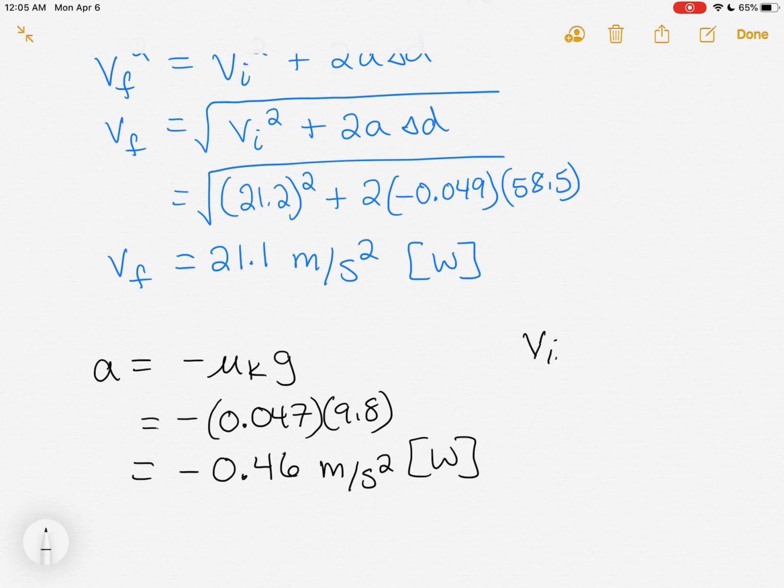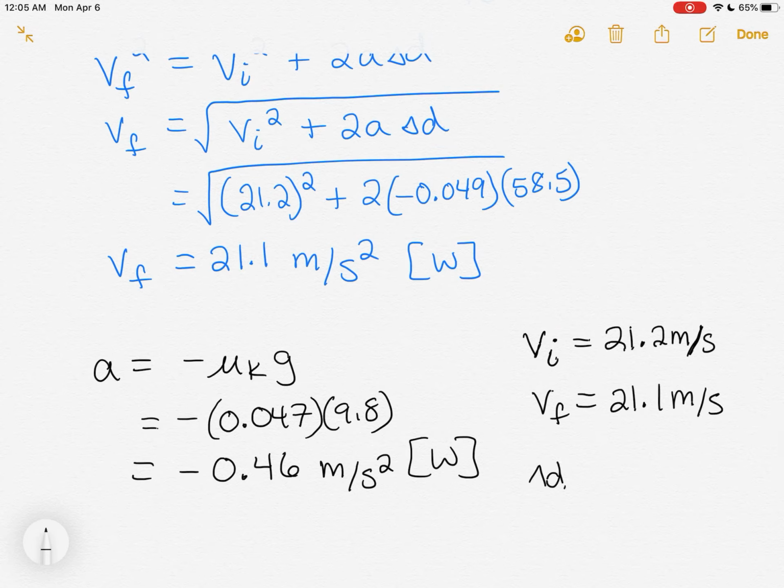But also in this part, our VI is 21.2 meters per second. And our VF is going to be the VF from part A, so it's 21.1 meters per second.